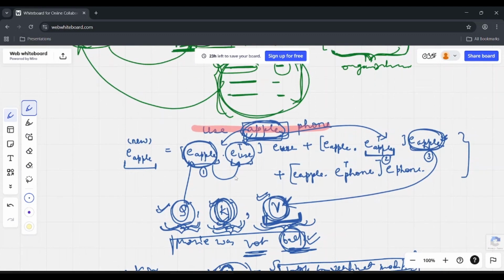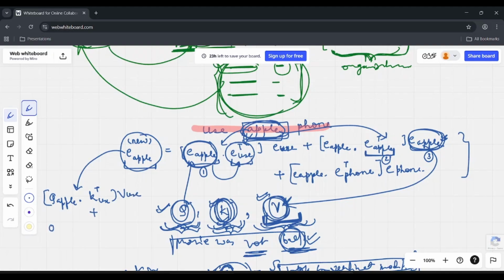So what I'm saying is, how can we write this new contextual embedding now? We can write it like the query vector of apple into the key vector of use, then the value vector of use.